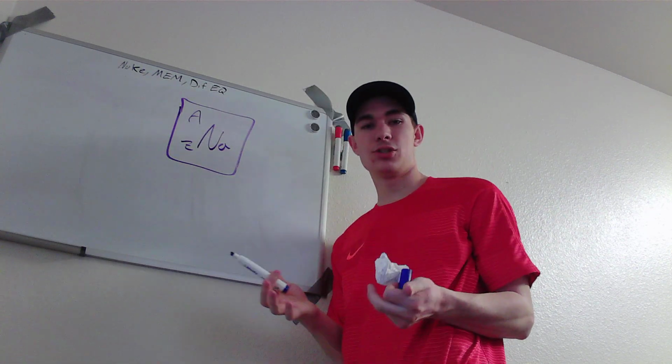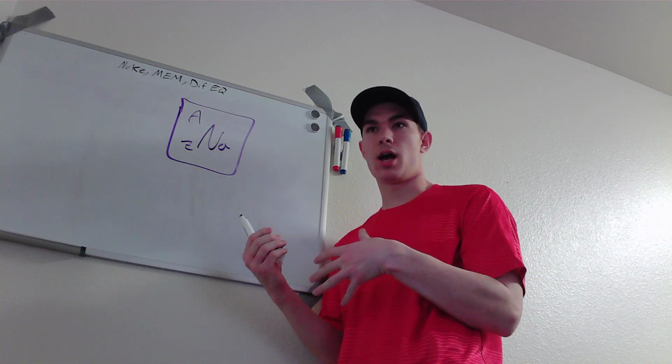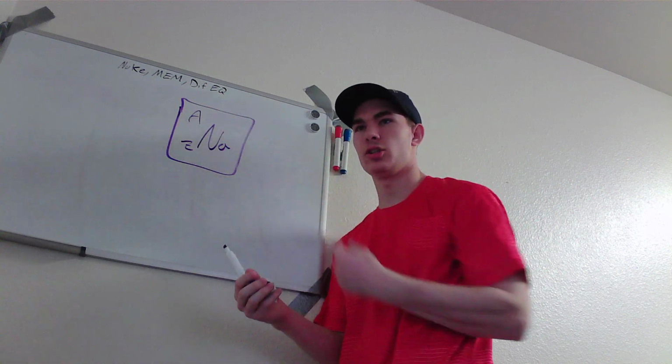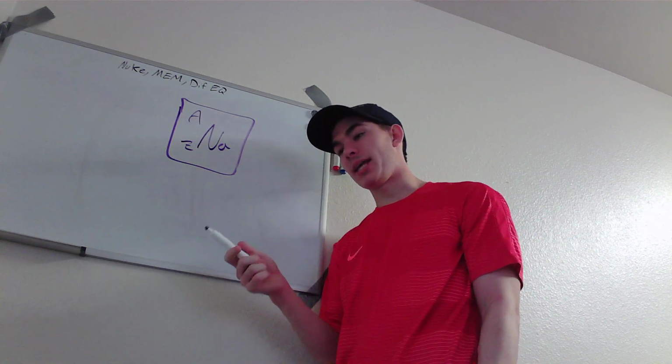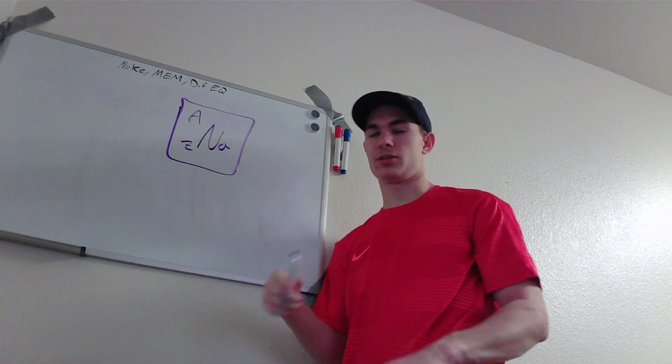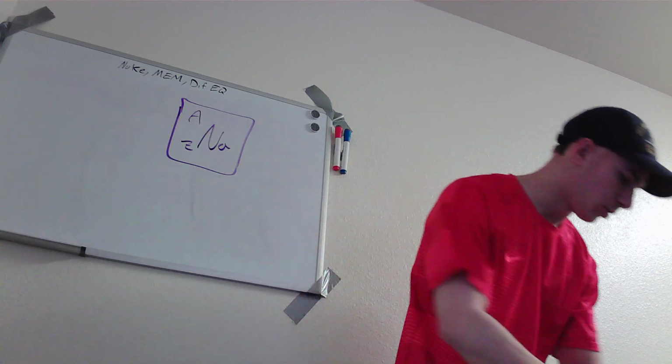A is the number of protons and neutrons in the nucleus, which allows us to differentiate between nuclides or different isotopes. The A number and the atomic mass of sodium are different, though very close.